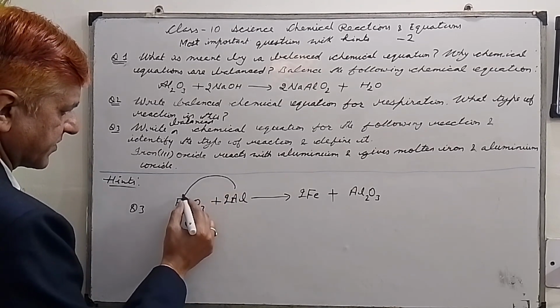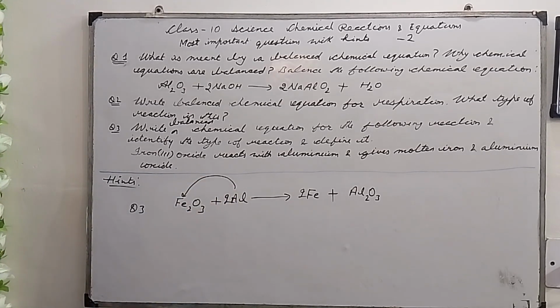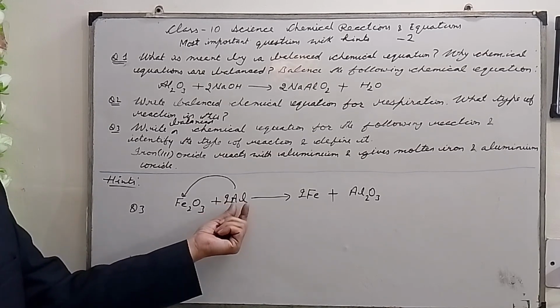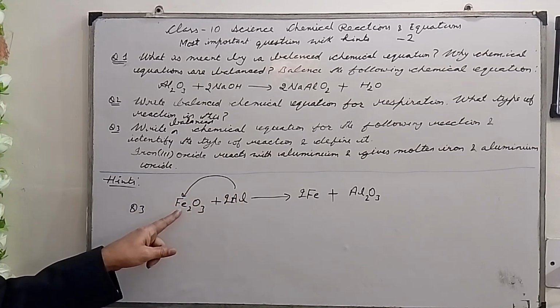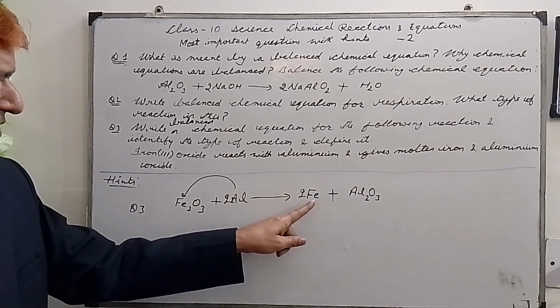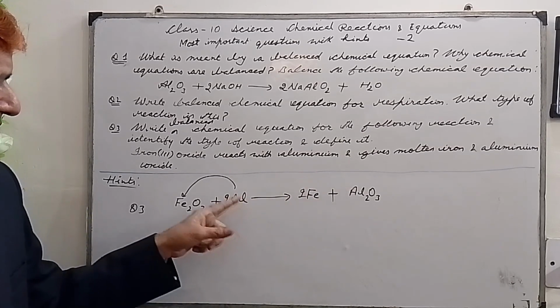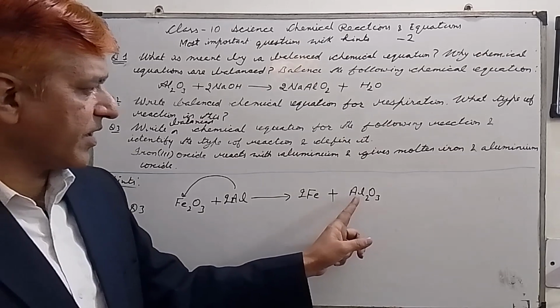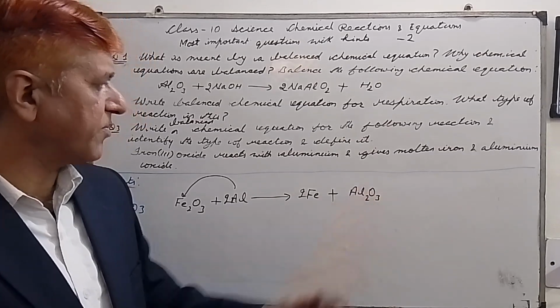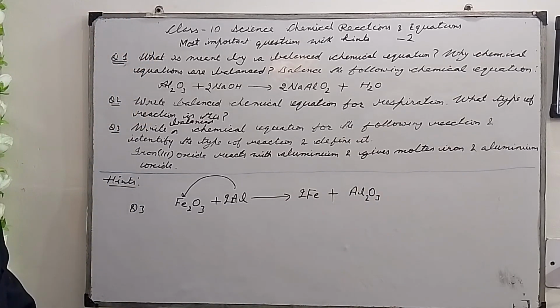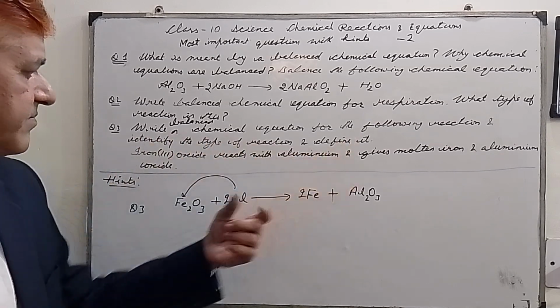If you see this carefully, this is a displacement reaction because aluminium is more reactive, so it will displace iron. So iron gets separated and aluminium will take the place of iron. So aluminium oxide is formed. Then define it.